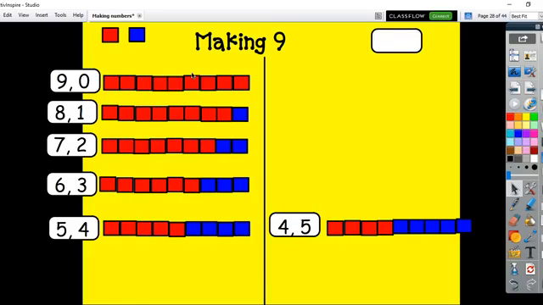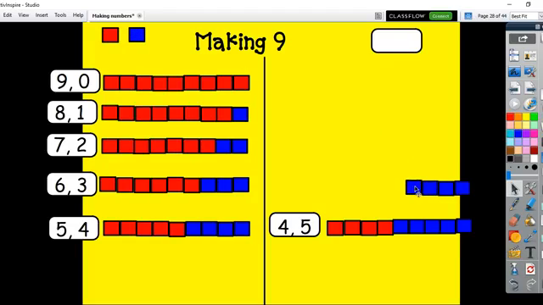So now we're going to keep going. This time, instead of having 6 red and 3 blue, I'm going to have 6 blue and 3 red. So I'm going to bring down 6 blue. And you may be already guessing our pattern here, and that is awesome if you are at home.